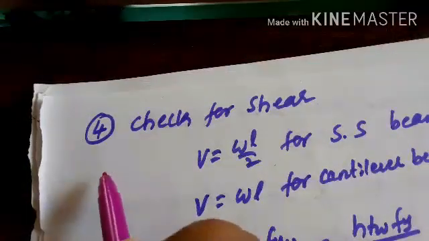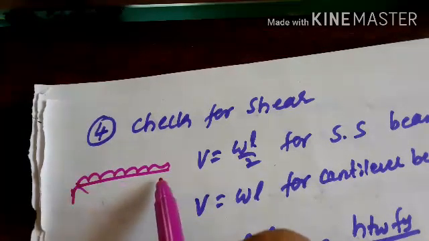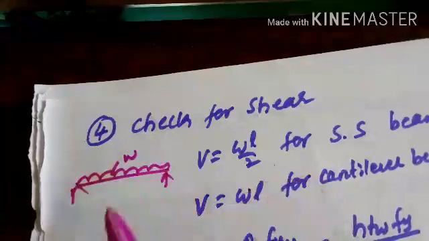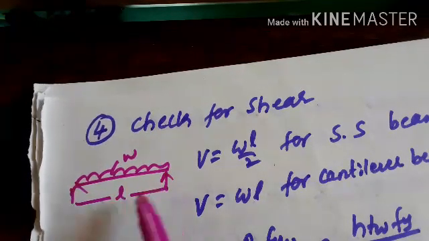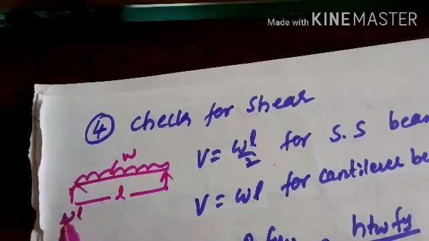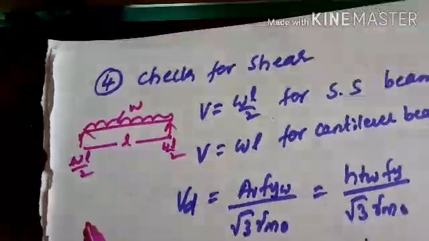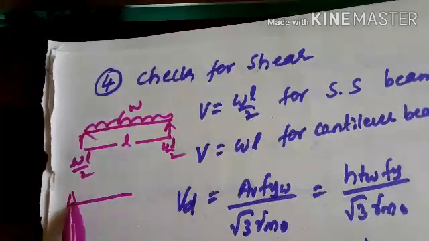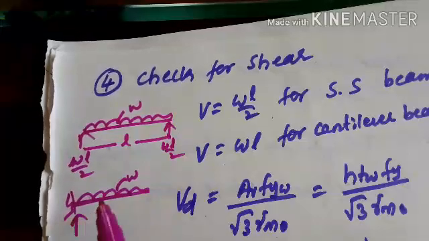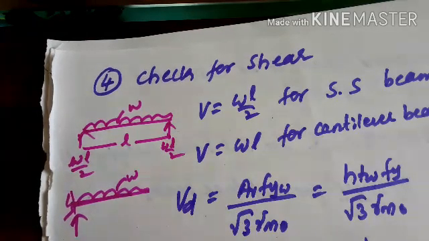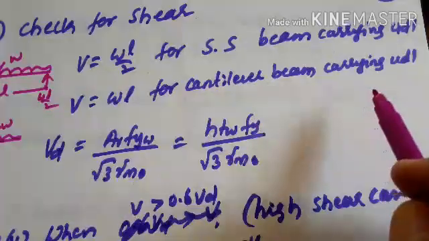This is a simply supported beam carrying UDL W, with supports and span L. The reaction will be WL by 2 on each side. Similarly, for a cantilever carrying UDL W, the reaction will be WL at the support. So this is WL for a cantilever beam carrying UDL.